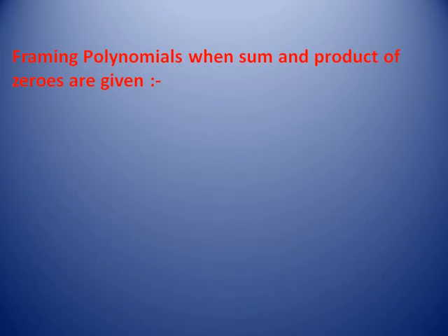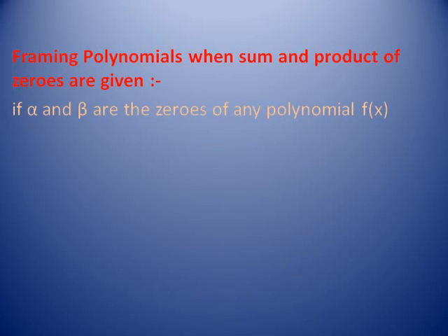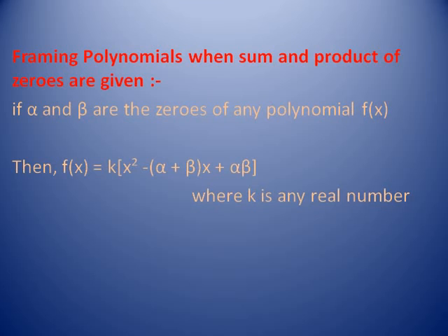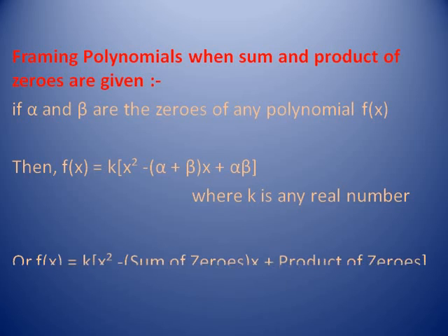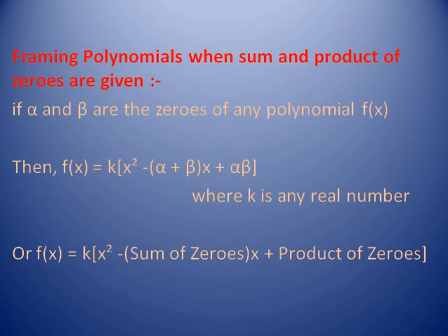Now let us see the next topic, framing polynomials when sum and product of zeros are given. If alpha and beta are the zeros of any polynomial f(x), then f(x) is equal to k times x square minus (alpha plus beta) x plus alpha into beta, where k is any real number, or f(x) is equal to k times x square minus sum of zeros into x plus product of zeros.